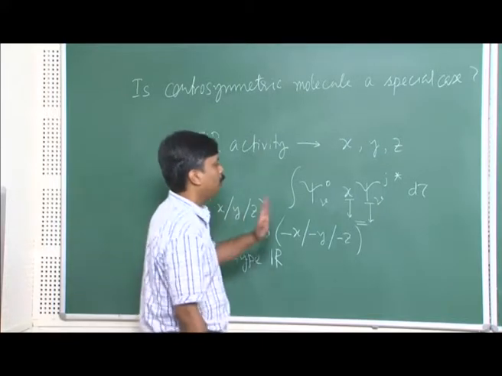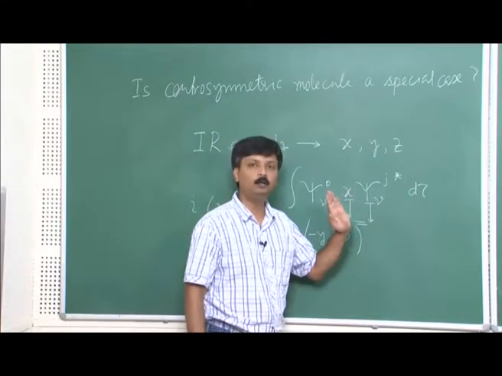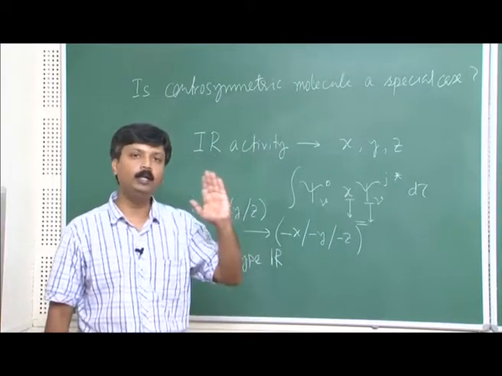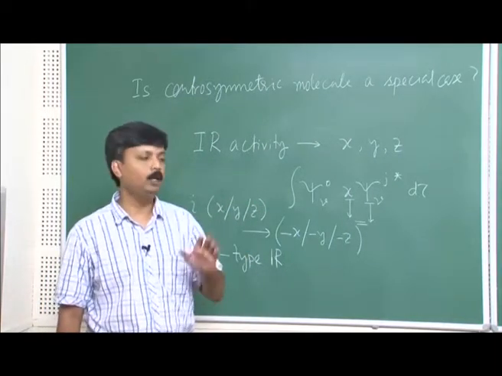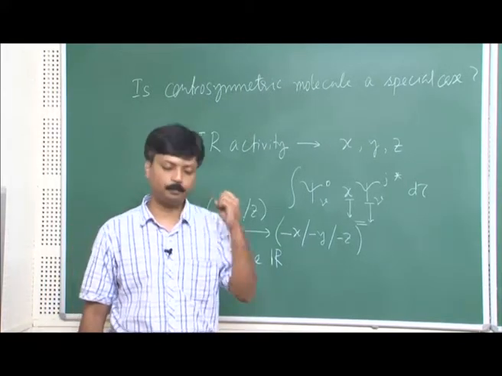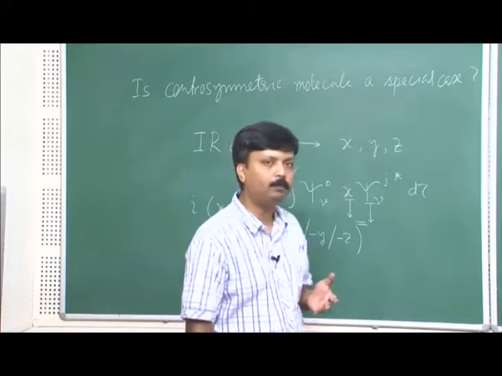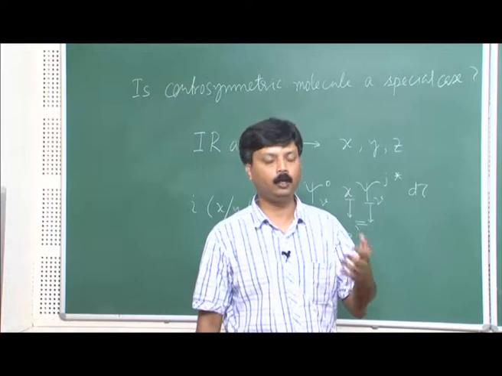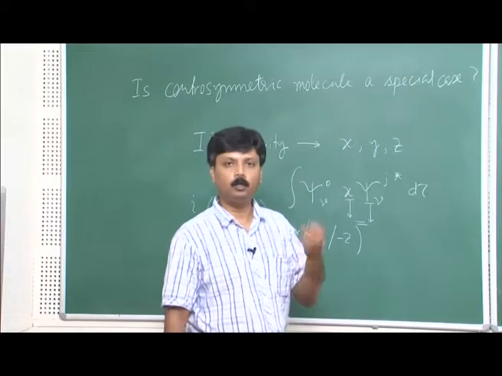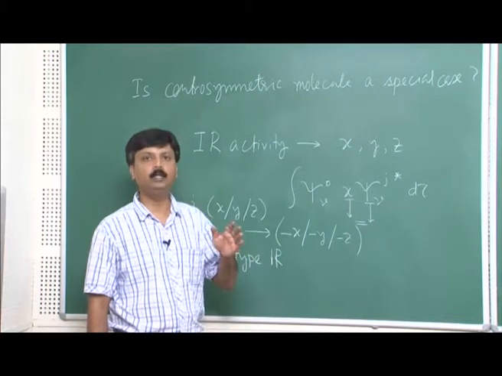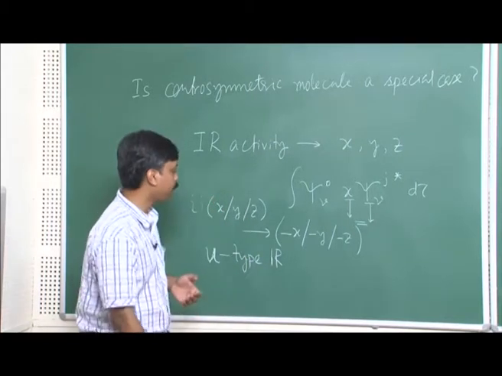Therefore, those normal modes having U type of symmetry will show only infrared spectra, while those normal modes having G type of symmetry, which transform as the irreducible representation belonging to G type, will show only Raman spectra when they are excited to level 1.